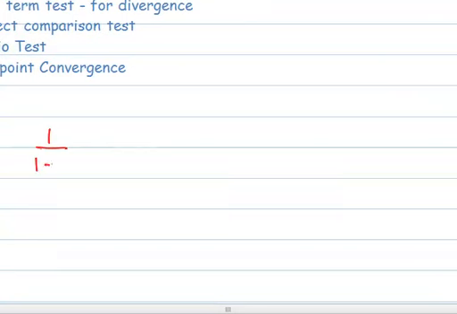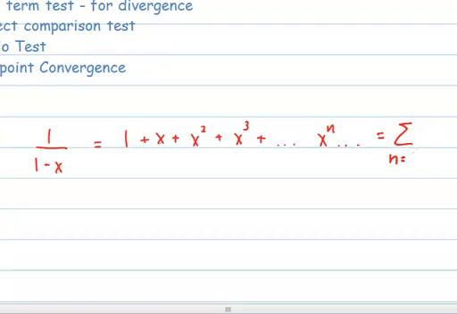We're going to go back and look at the geometric series 1 over 1 minus x. We did this in one of our earlier examples, and we know that this is equal to the Taylor series 1 plus x plus x squared plus x cubed plus, out to our nth term, and finally our infinite series will be the sum from 0 to infinity of x to the n.